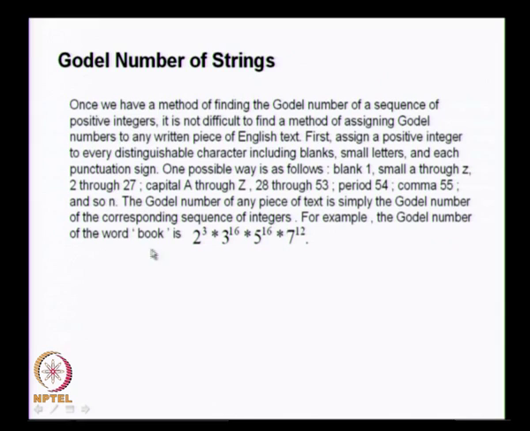So, any English sentence you can have a Gödel number. You must remember that the Gödel number will be a very large number. What Gödel did in his incompleteness theorem is he made a statement and the Gödel number of that statement he calculated.